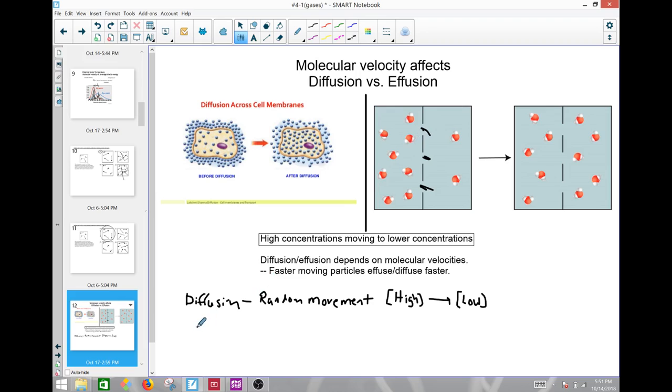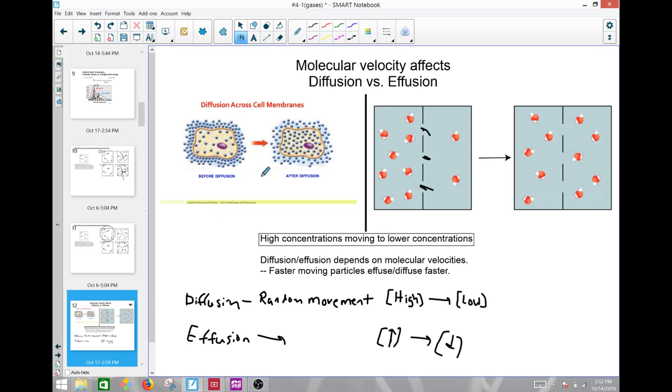So effusion is the same thing through random movement. Only difference is we're going through holes. Things of high concentrations move to areas of low concentrations. Notice here I got a lot of high concentration on one side, low on the other, and therefore things move across.